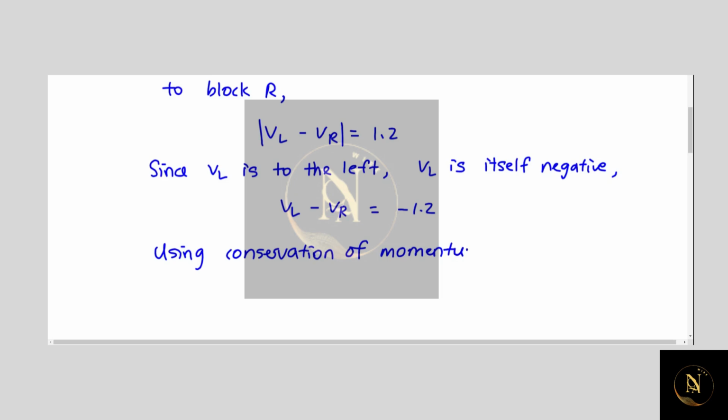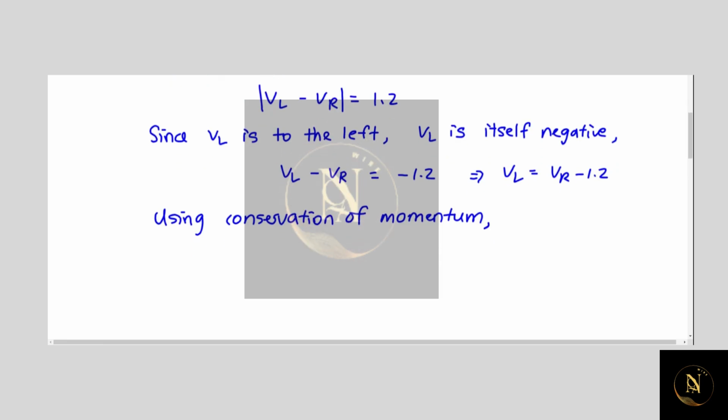for this we can write VL equals VR minus 1.2. Same thing as before, 0 equals ml VL plus mr VR. Then this is ml times (VR minus 1.2), plus mr VR.